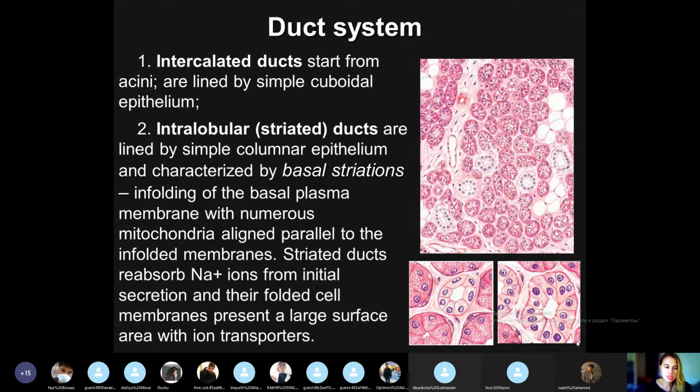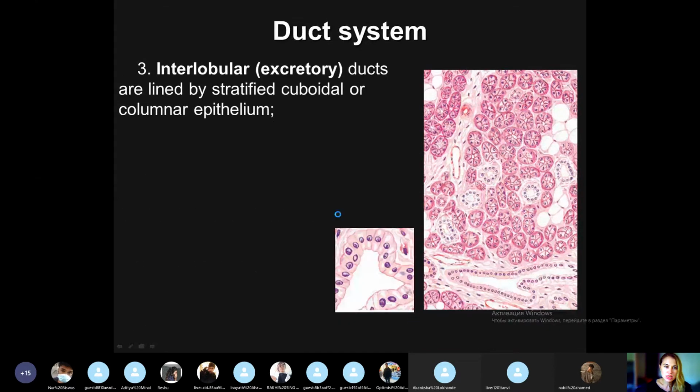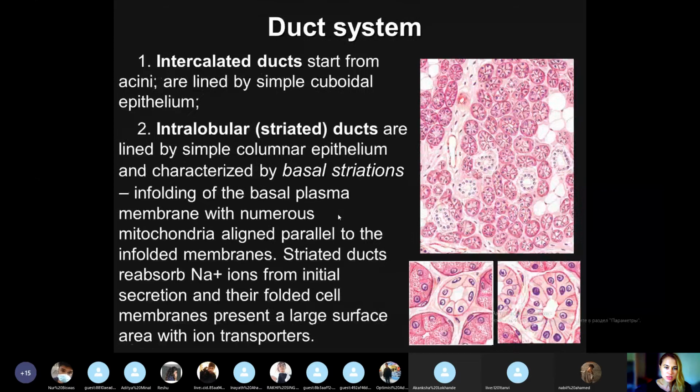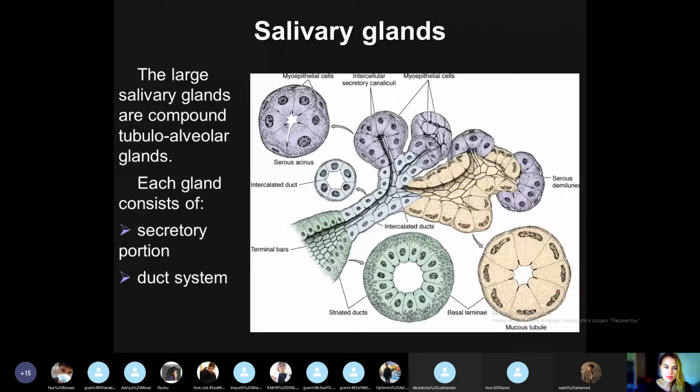So let's see what is the nature of striated duct. Over here in this diagram, we can see the intercalated duct. So this is secretory portion. This diagram, guys, by the way, you will need to draw in your albums, so it will be useful. You can find it in Junqueira textbook.